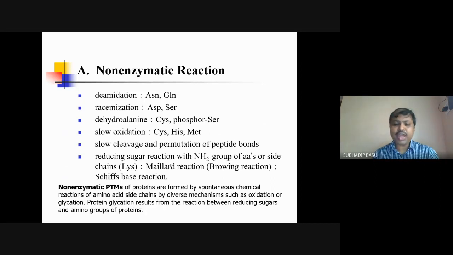That adds to different types of PTMs. For example, slow oxidation modifies cysteine, histidine, and methionine. Like deamidation results in ASN and GLN. Okay, so these are non-enzymatic natural or spontaneous chemical reactions.